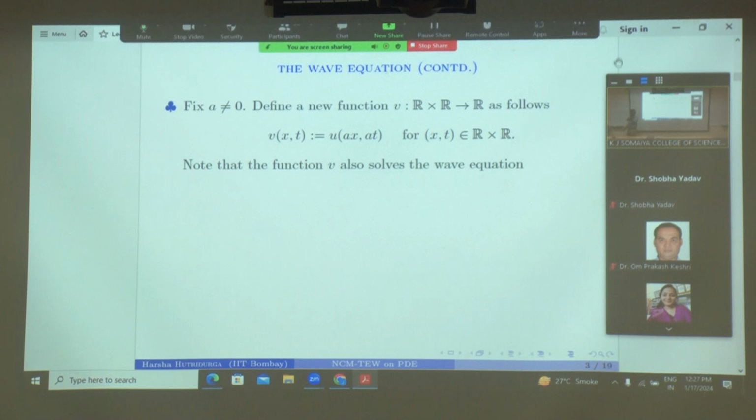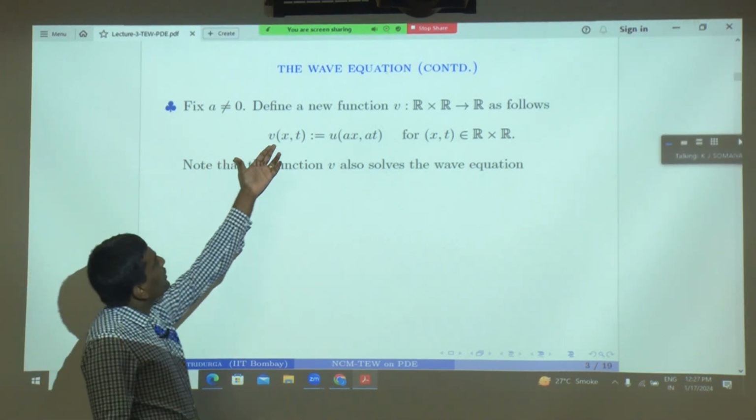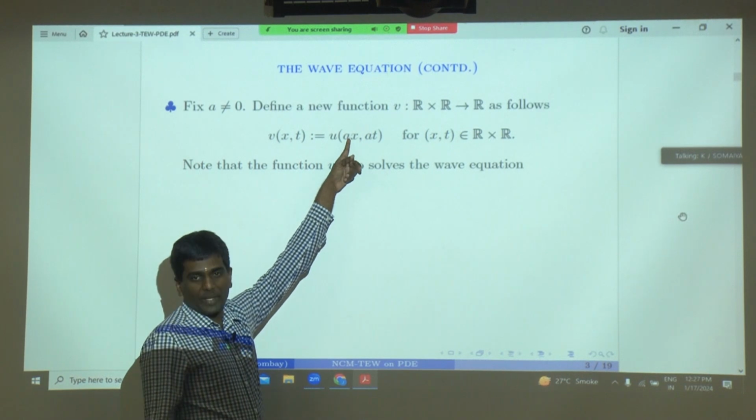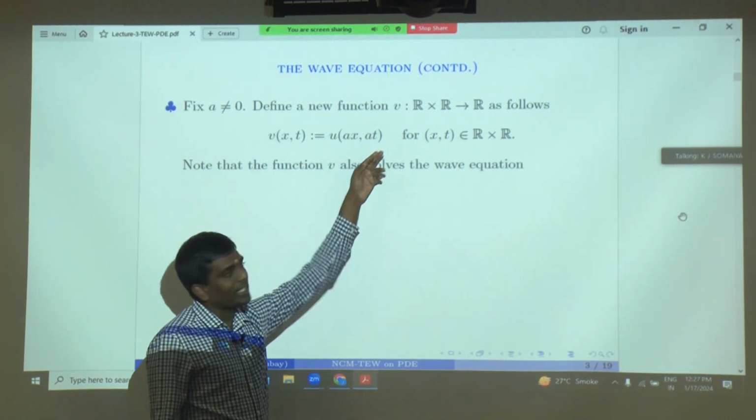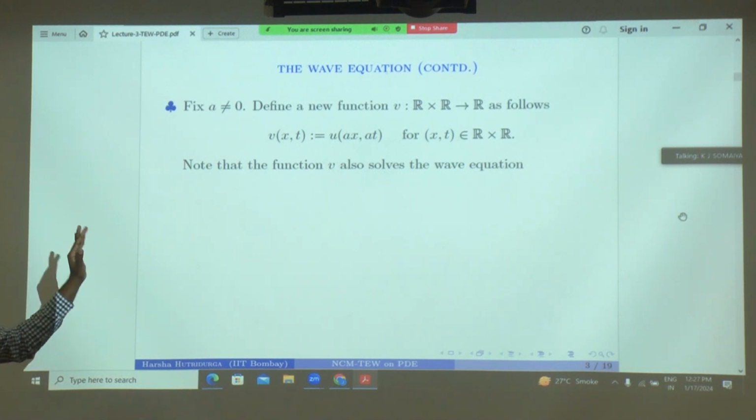That's just chain rule. You get an a, okay, and you have to differentiate twice anyway, you get a square. When you do the same thing in the t variable, you get another a square. So you can just factor a square out and use the fact that u solves the wave equation. I request you all to try this computation.